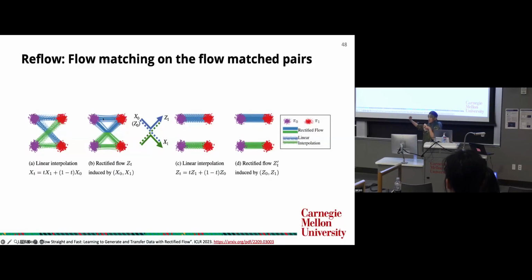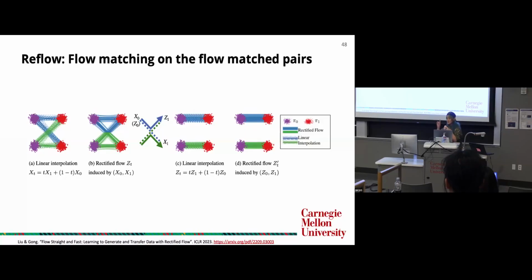But now you have a coupling because the thing is deterministic, so you can map from one point in P0 to another point in P1. You just use that coupling as your new ground truth. Instead of randomly sampling your coupling, like what we did in the original flow matching, you use that coupling as your ground truth and train flow matching again. And then it's going to get straightened up.